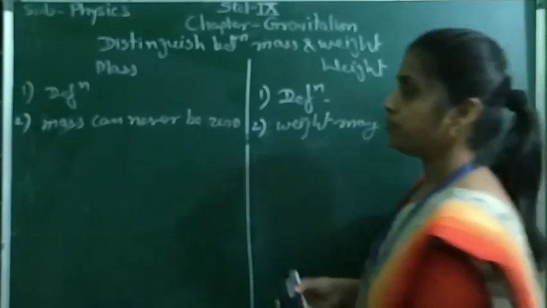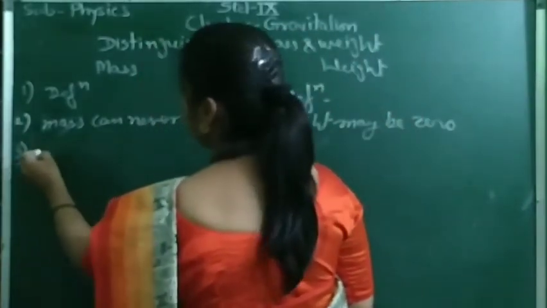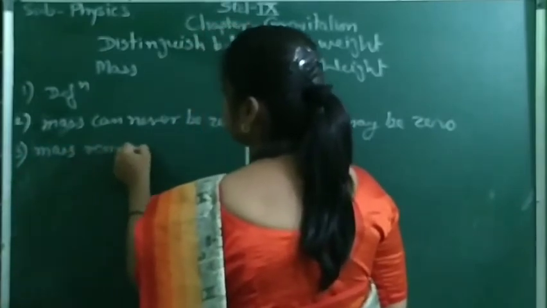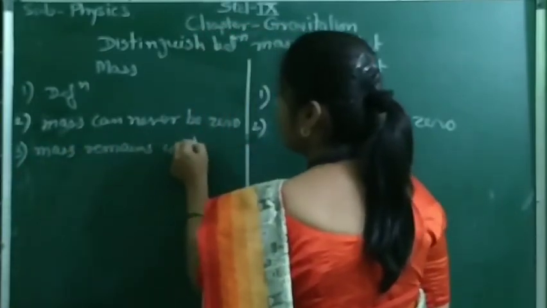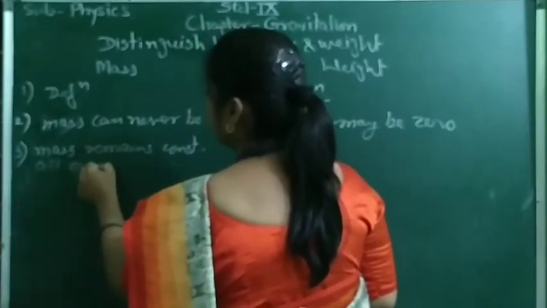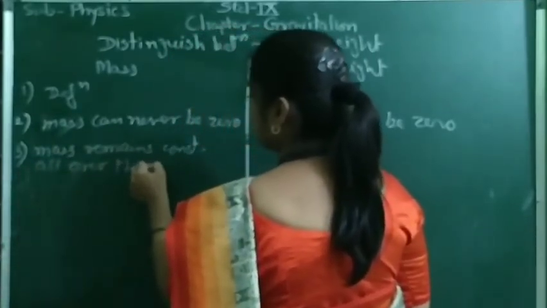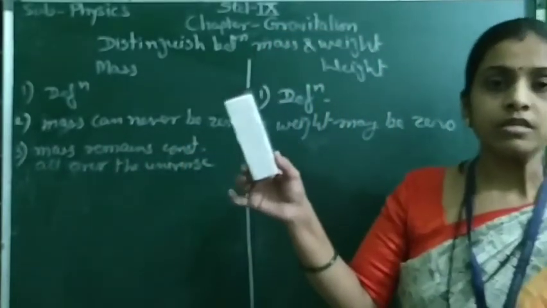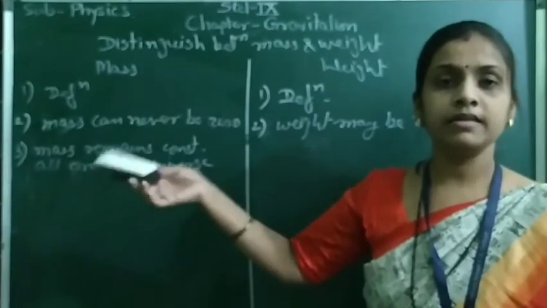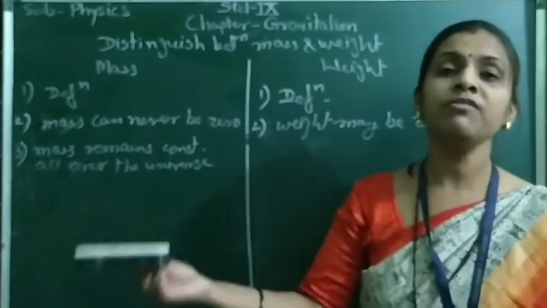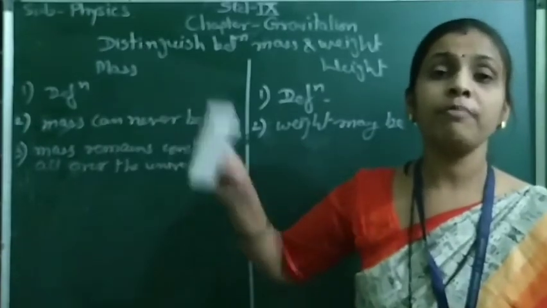at that place the weight may be zero. Then third, mass remains constant all over the universe. So if we place the duster on any planet, then its mass remains constant, but its weight may vary from place to place or planet to planet.